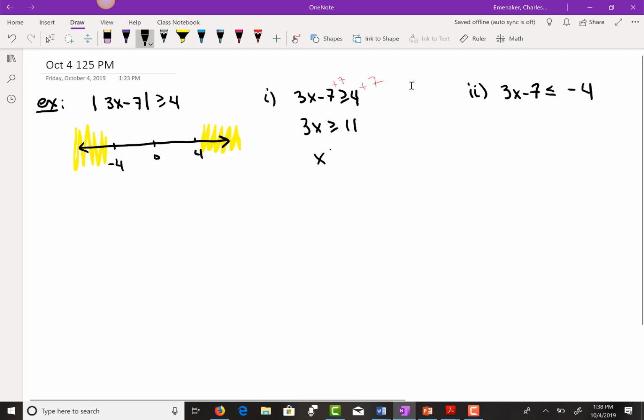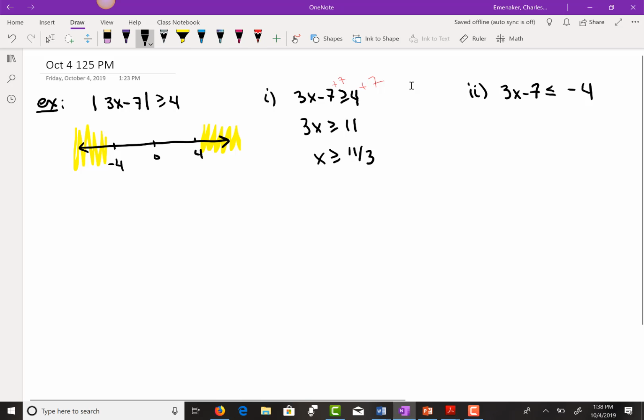Divide by 3, and we get 11/3. Now, when we divide by 3, do we need to flip the inequality? No, you only flip it when you multiply or divide by a negative. Yeah, if it's a positive number, it's all good.